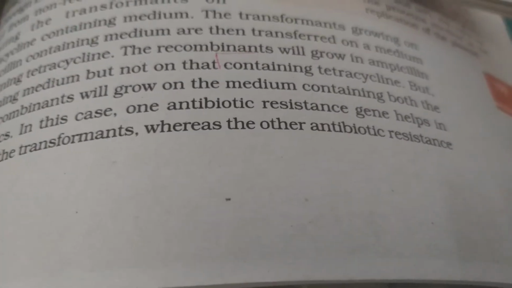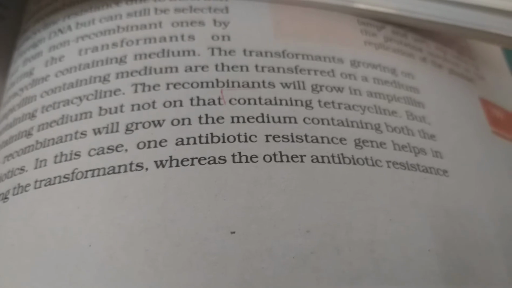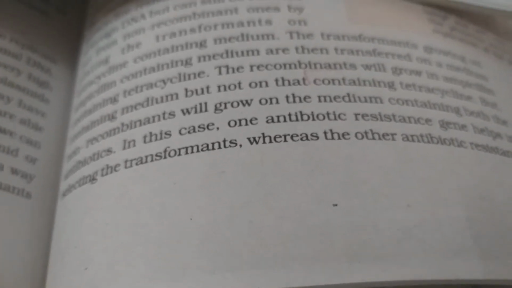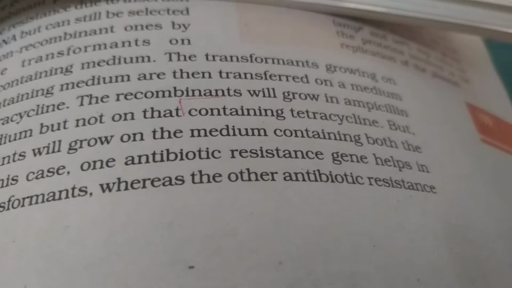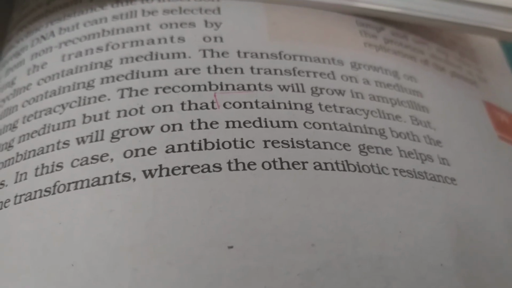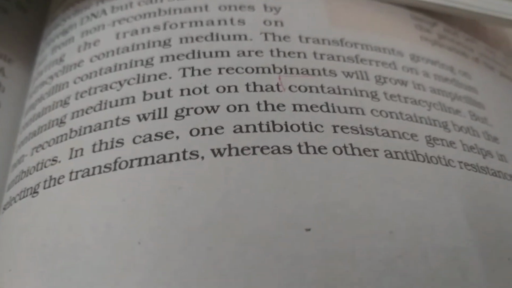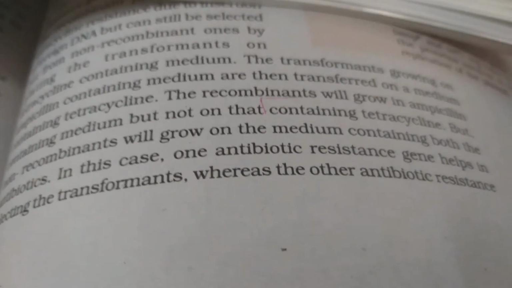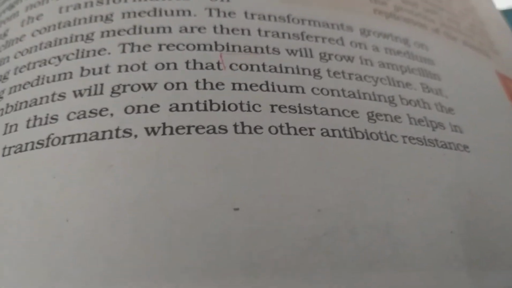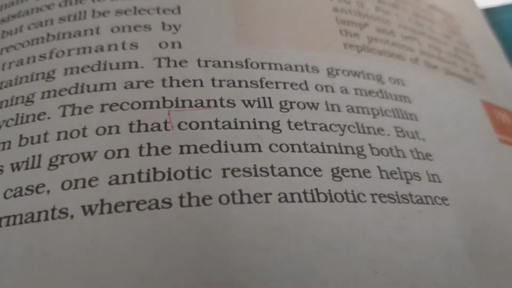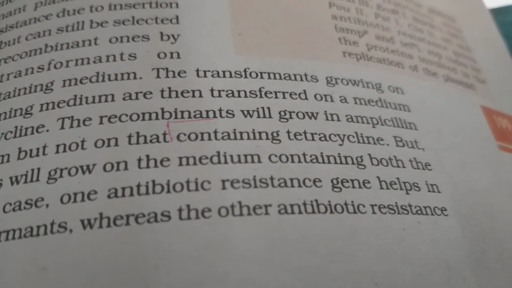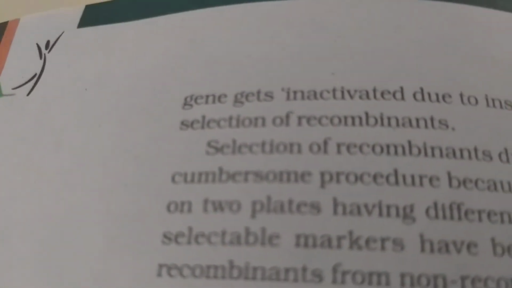One antibiotic resistance gene, that is selectable marker, helps in selecting the transformants, whereas the other antibiotic resistance gene, that is another selectable marker in the cloning vector, becomes inactivated.